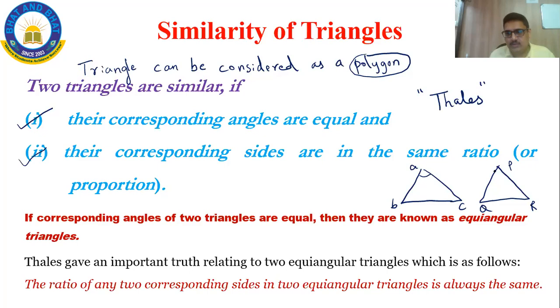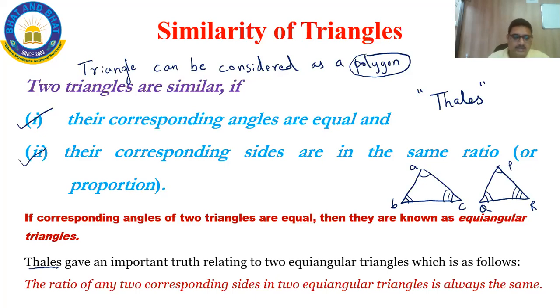Angle A is equal to angle P, angle B is equal to angle Q, and angle C is equal to angle R. That means corresponding angles of two triangles are equal, then they are known as equiangular triangles. With respect to this, the mathematician Thales gave an important truth, the postulate relating to two equiangular triangles.